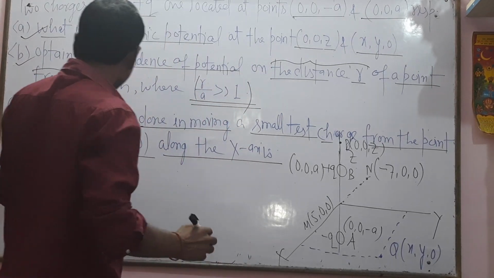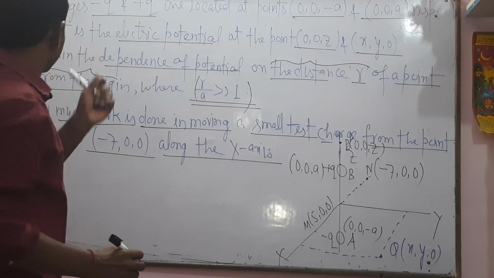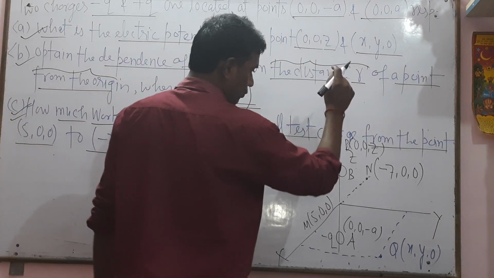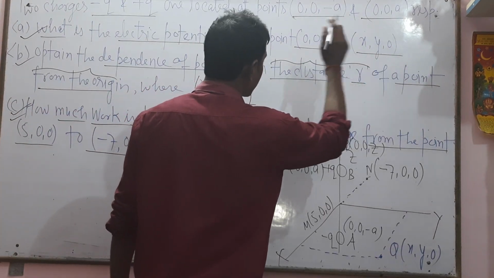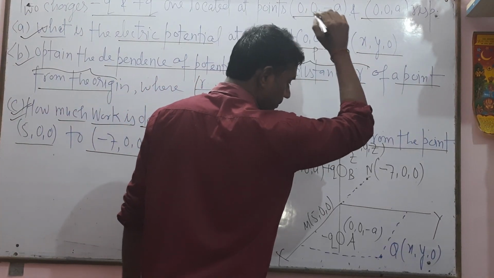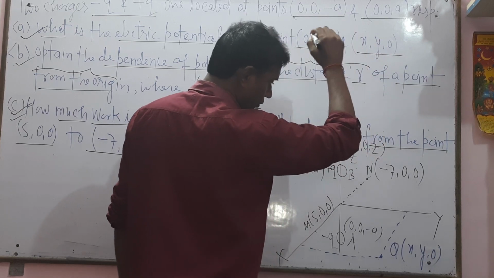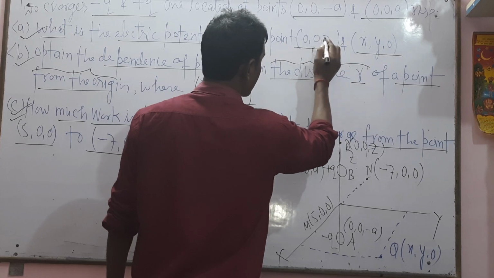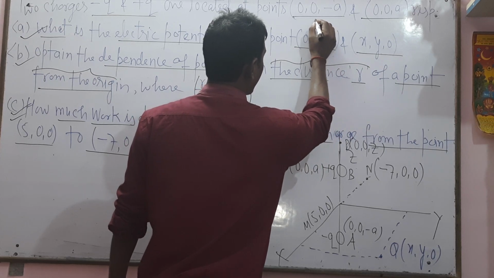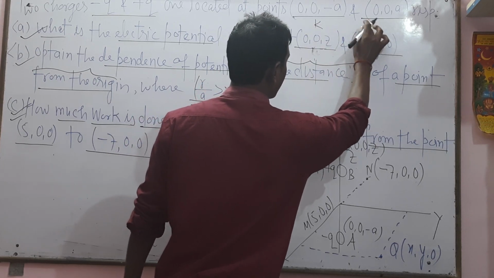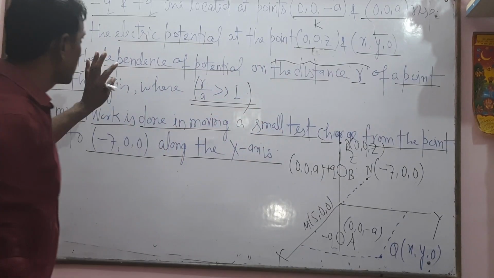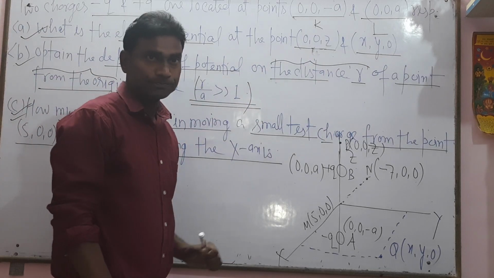So we need these other points. First, the electric potential at, let us suppose, point l and point k. So we need the electric potential at these points.